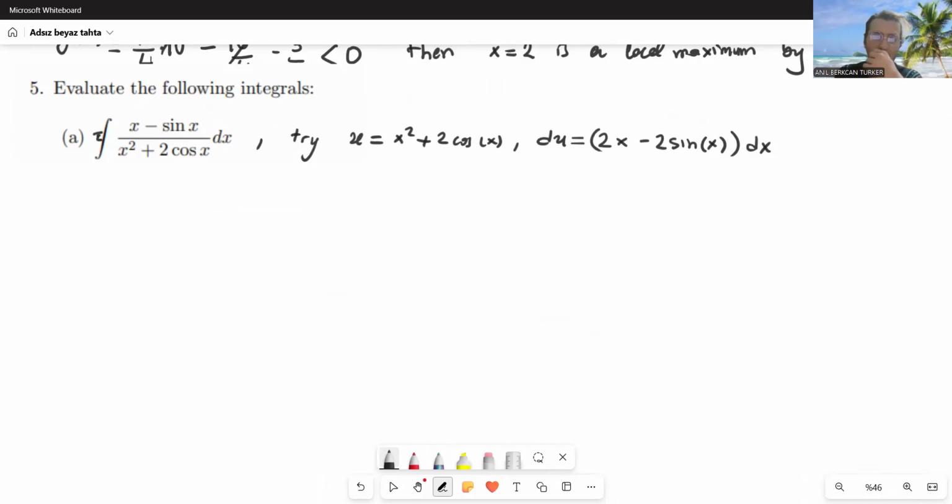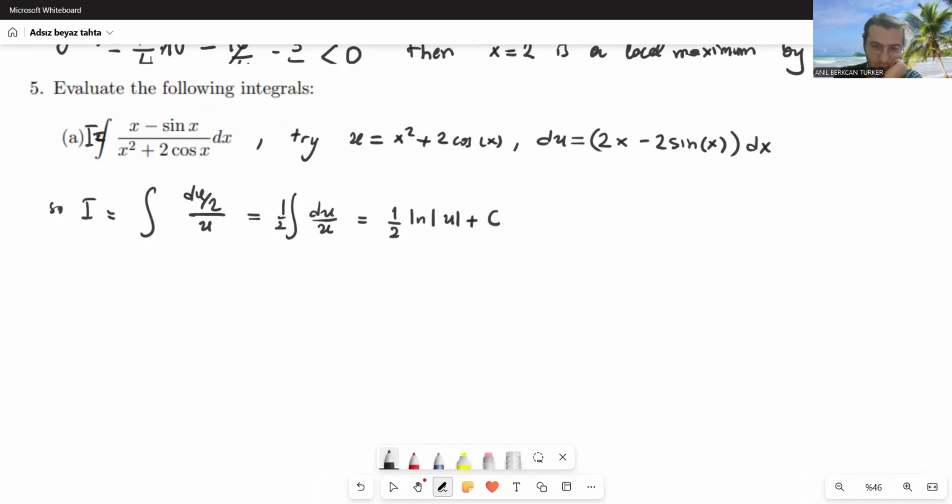Let me call this integral I. Then I is equal to du over 2 over u. So this is my u, this is du over 2, so this is just 1 over 2 du over u. So this is 1 over 2 ln u plus constant.